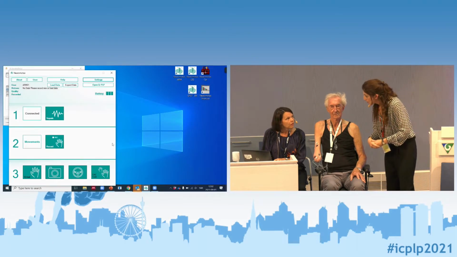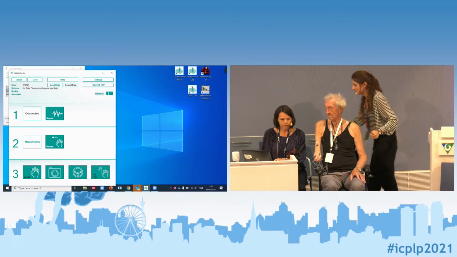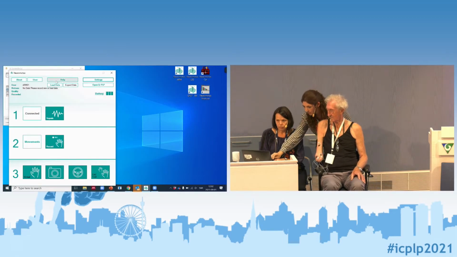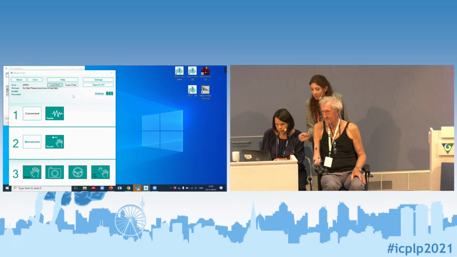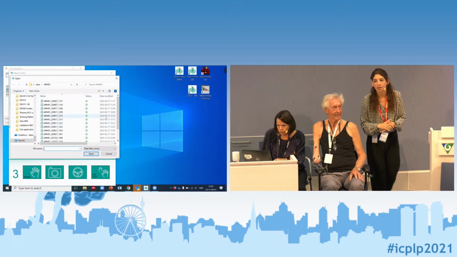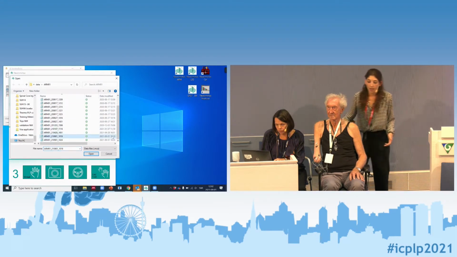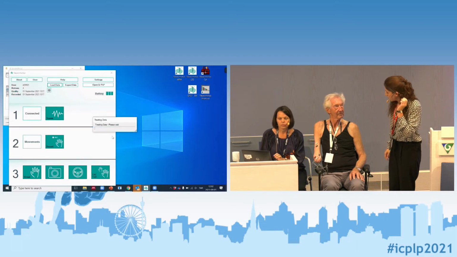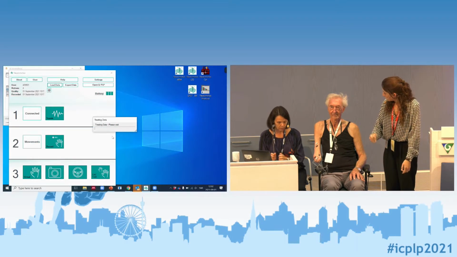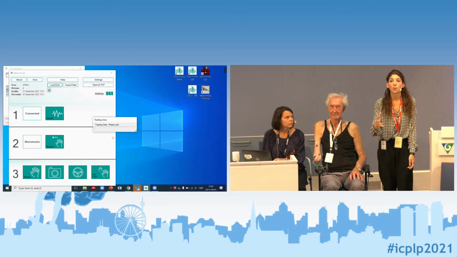Okay, so are we in? Okay, I will load the data. So we already pre-recorded certain movements with Ture. Today we are going to do elbow flex and extend, and open and close hand.